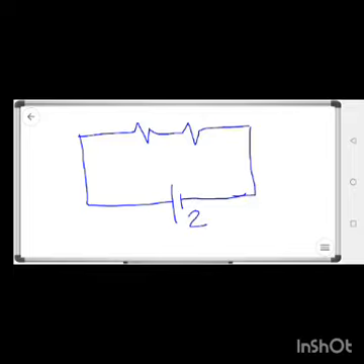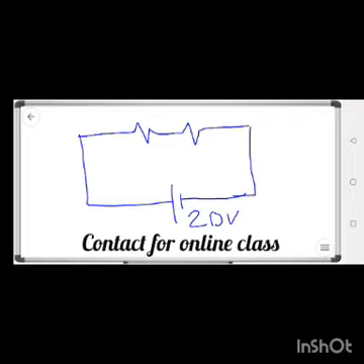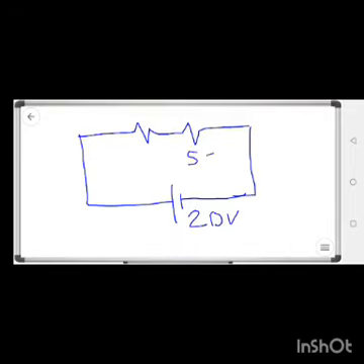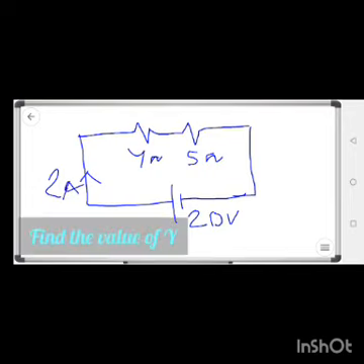Let's say I have 20 volts here, and I have a 5 ohms and Y ohms resistor. If the current that flows in this circuit is 2 ampere, find the value of Y.